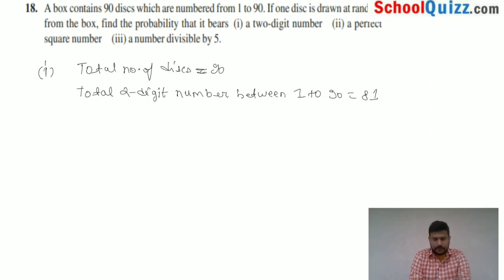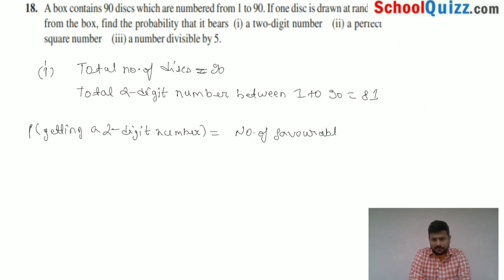Now the probability of getting a 2-digit number is equal to number of favorable outcomes upon number of total possible outcomes.